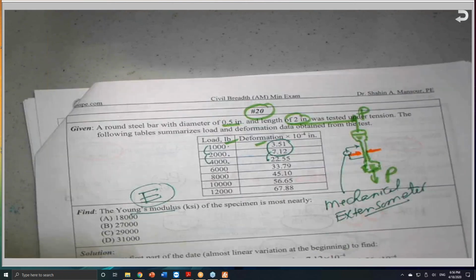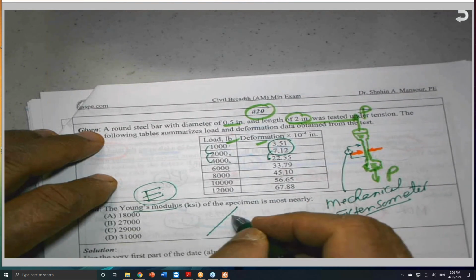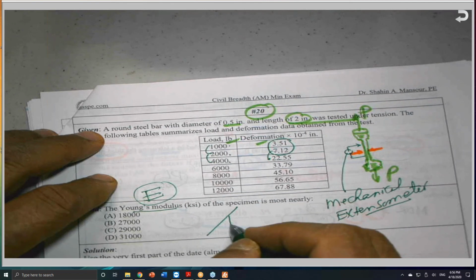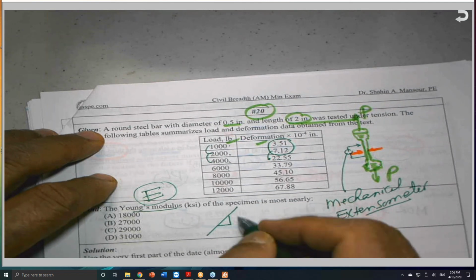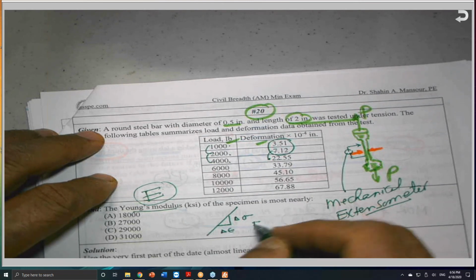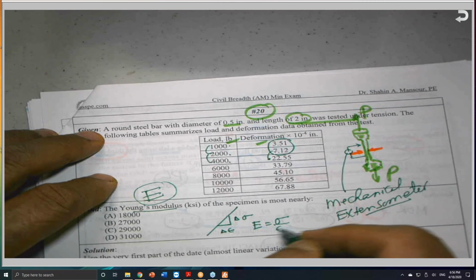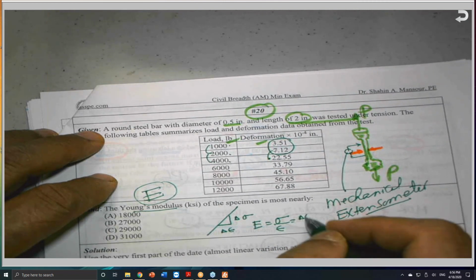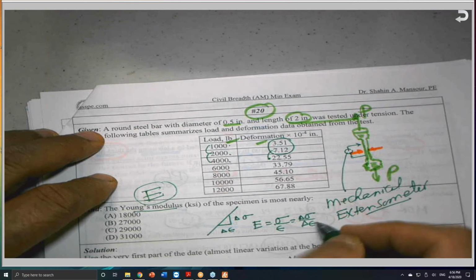Our intention is to determine the modulus of elasticity along the linear portion, which is the slope, this is Hooke's law. So this is delta sigma, and this is delta epsilon, and the slope of this line is E. So E is equal to sigma over epsilon, or delta sigma over delta epsilon, whatever is convenient for you.